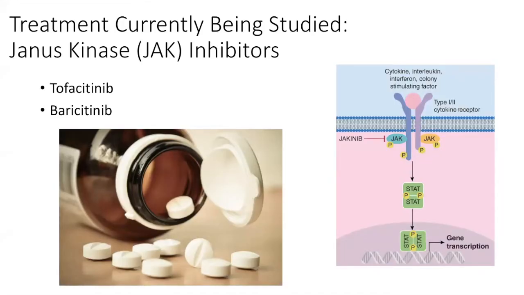At least some of the interest in this category of medication is it's known that one of the cell communication markers called interferon is high in juvenile myositis, and it's not necessarily specifically targeted by the other medications that we have in our treatment pathways.